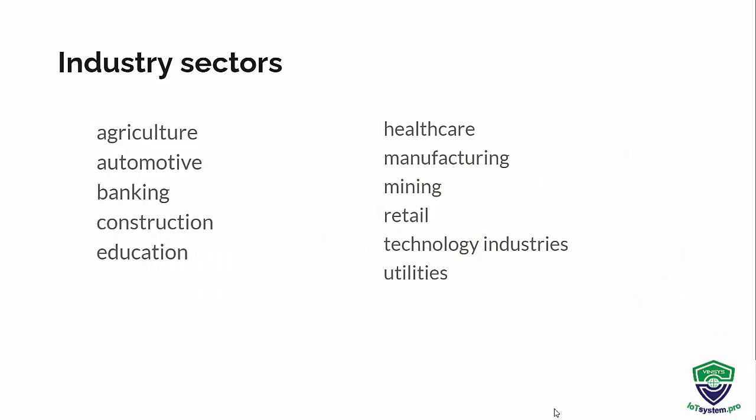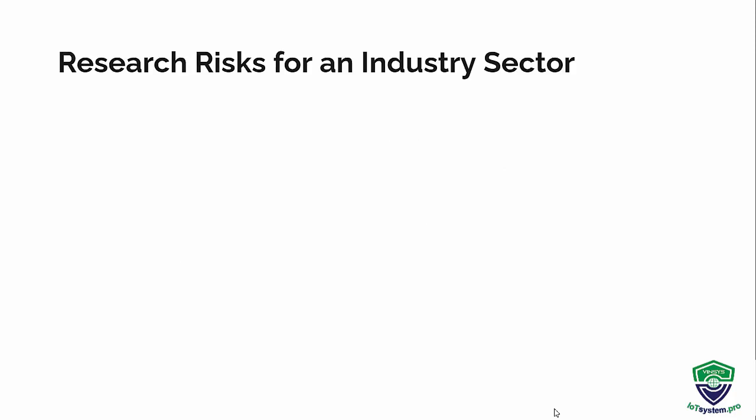You may work in one of the industry sectors like agriculture, automotive, banking, construction, education, etc. And in this part, we will research risks for an industry sector by answering some questions.